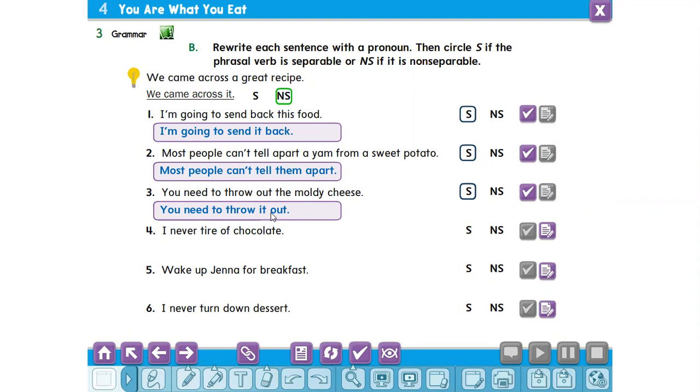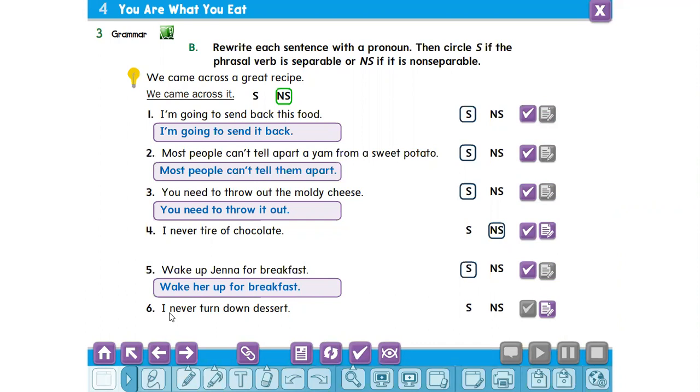Number 4, I never tire of chocolate. It's non-separable. Number 5, wake up Gina for breakfast. Separable. We can say, wake her up for breakfast.